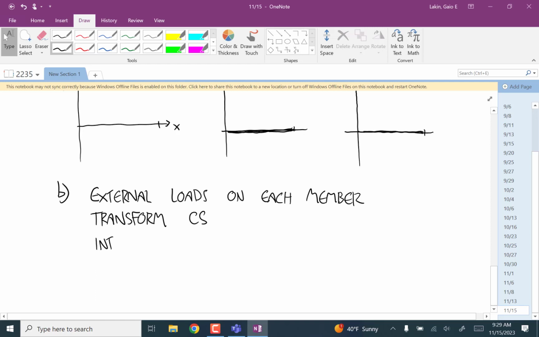And then we're going to calculate the internal loads. So start with this one and calculate those external loads on every one of the members. When you're done with the calculations, put them in a free body diagram of each member. Any forces that act at the same spot, you can combine.